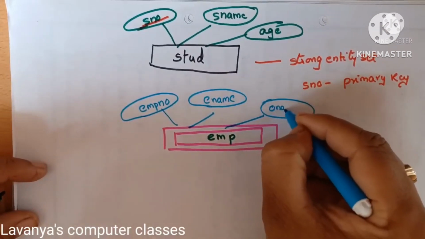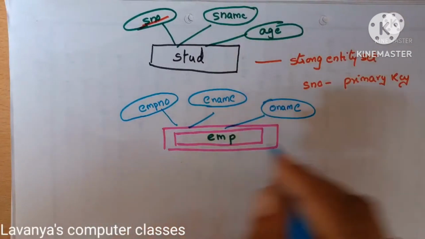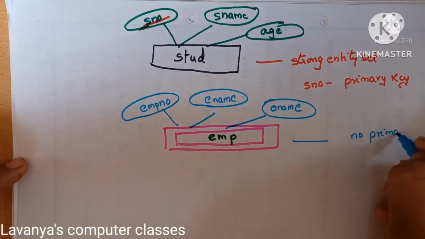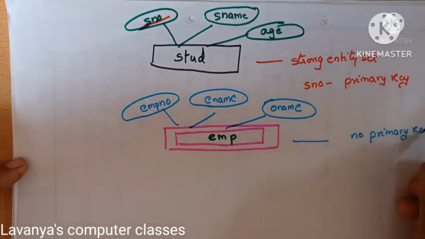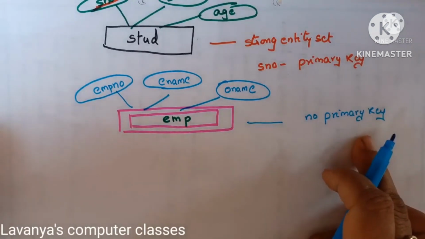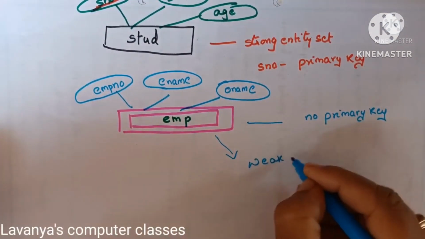O name means organization name. Here we are not keeping any underline, which means we are not keeping any primary key. No primary key concept in this example. No primary key means it is not possible to uniquely identify. So this is the example for a weak entity set.